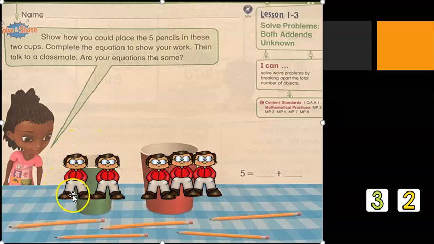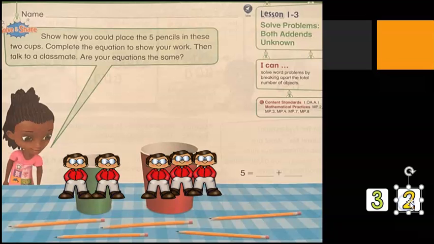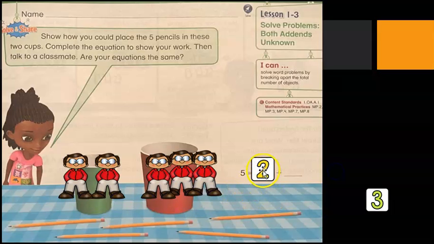How many are here? 2. So watch, Mr. Begay is going to get 2. I'm going to move it right here now. Look at that. We have now 2 plus, now how many are at the red cup? How many? 3. There's 3 boys at the red cup, so 3 needs to be placed here.